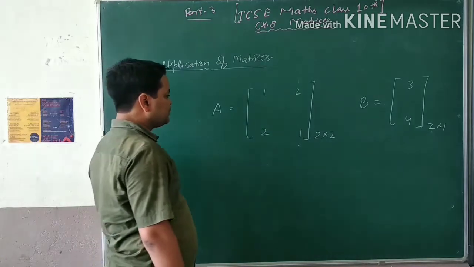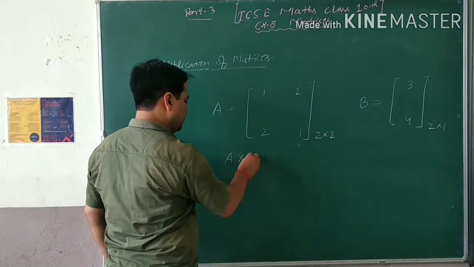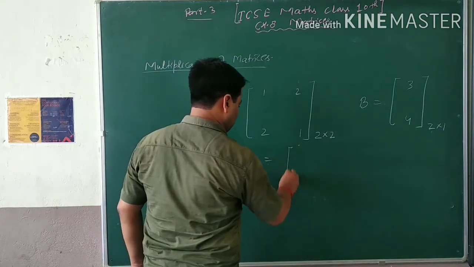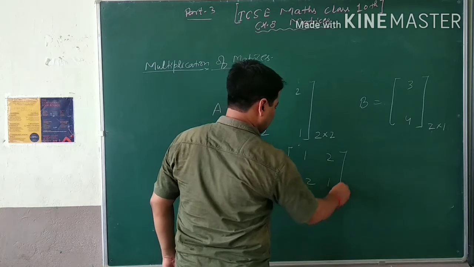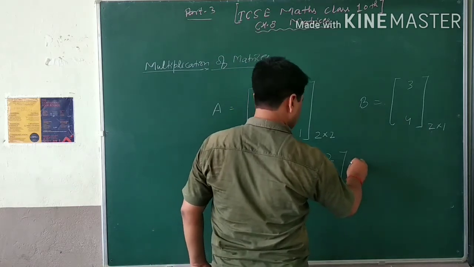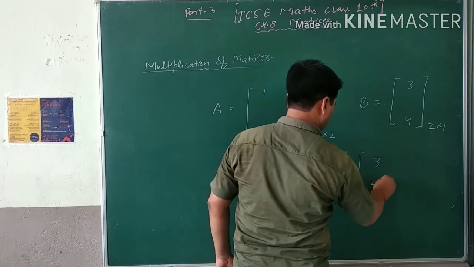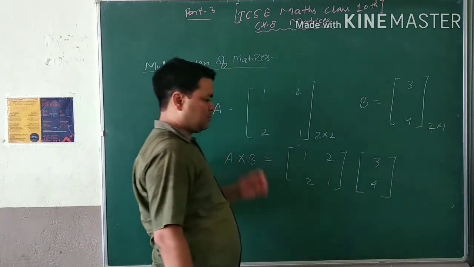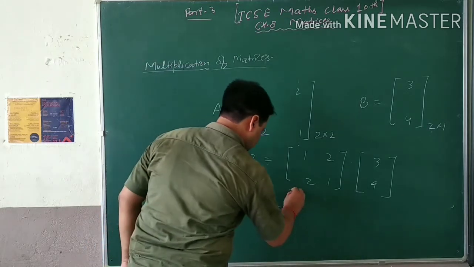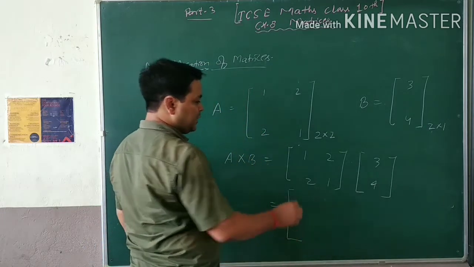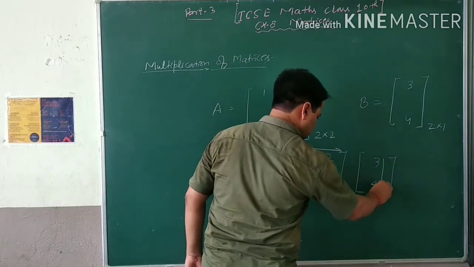So let us understand A multiplied by B. First we write 1 2 2 1, and here 3 and 4. For the multiplication, we take the first row and first column.